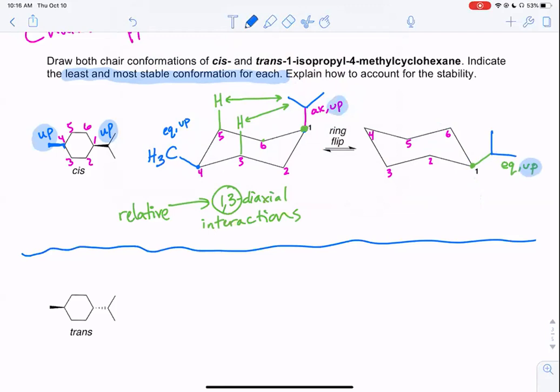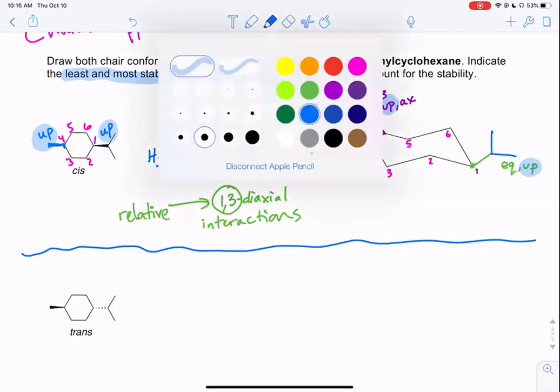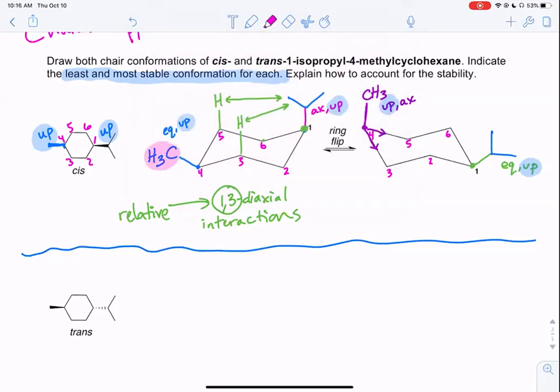And then on carbon 4, we have still a methyl group that needs to be pointing up. The bonds in the ring are pointing down, so that means our axial group is pointing up. So again, we have up and axial. We do want our methyl group to be pointing up. So in this case, our methyl group, which was equatorial and up, is now axial and up.